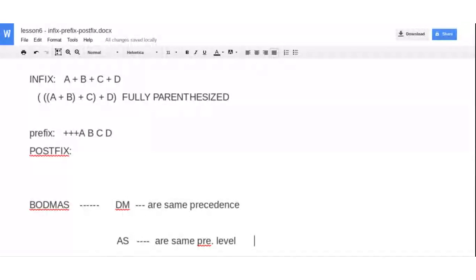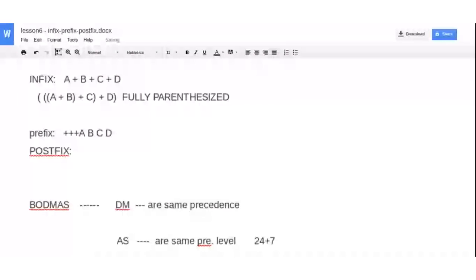Because, for example, suppose you did 2 minus 4, and then plus, let's say, 7.